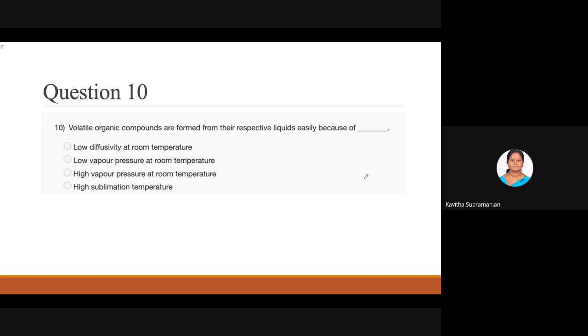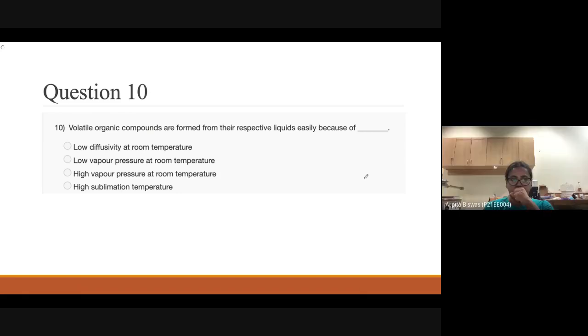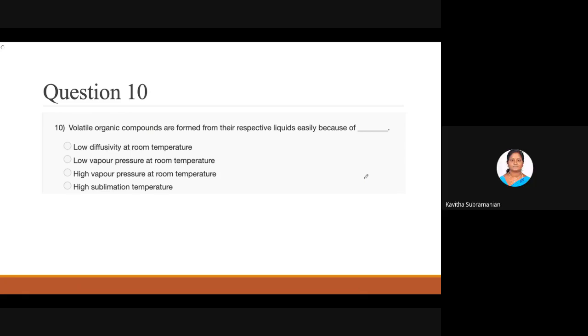Low diffusivity at room temperature. Volatile organic compounds are formed from their respective liquid easily because of which one? First one, ma'am.